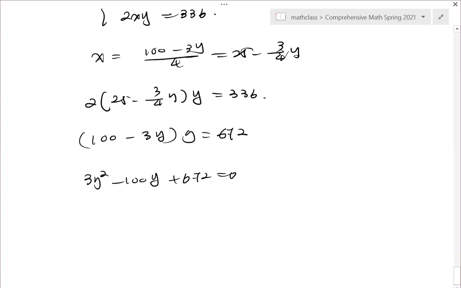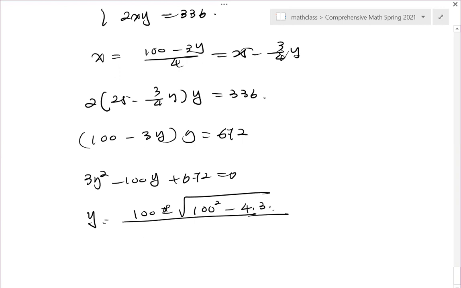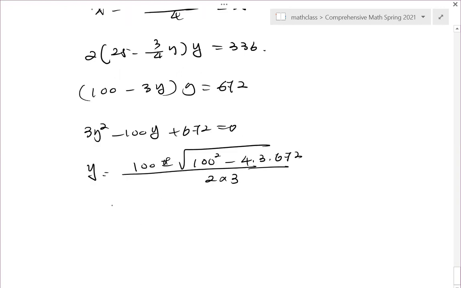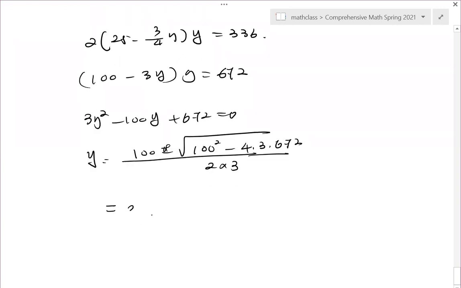If you solve this equation, one of the solutions will be an integer. Surprise! So use the quadratic formula: negative b plus or minus the square root of b squared minus 4ac, divided by 2 times 3. After you simplify, you get two solutions, 24 and 28 over 3.